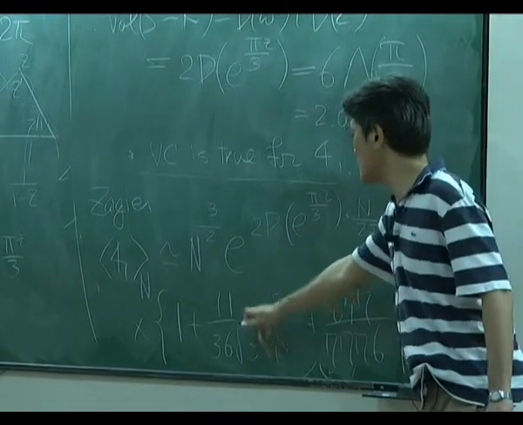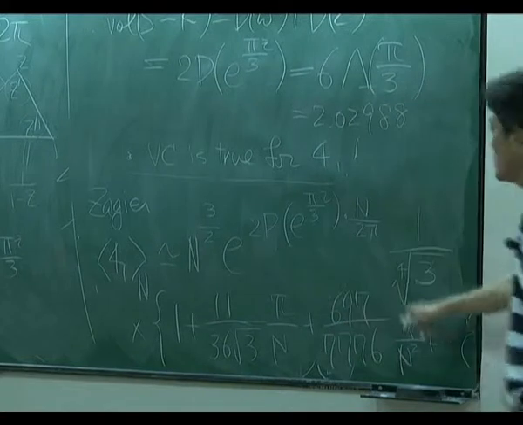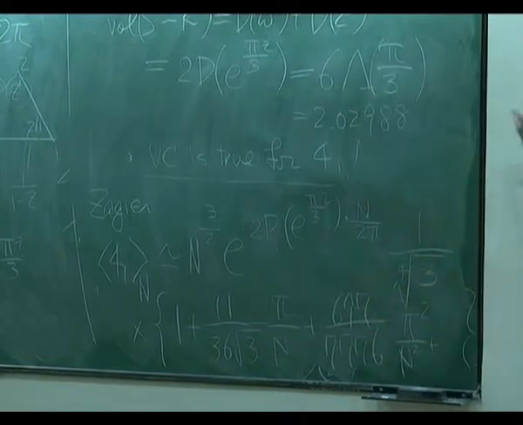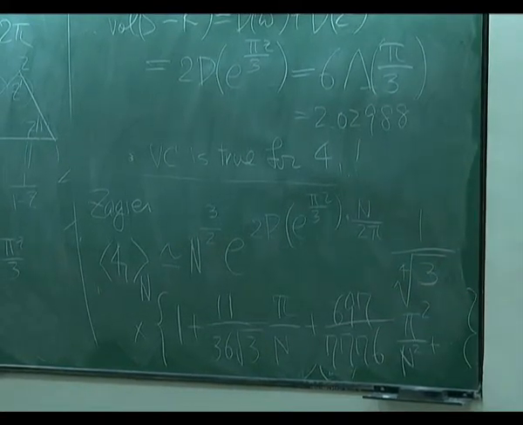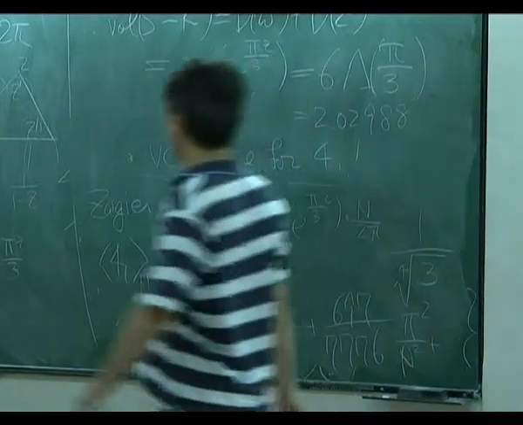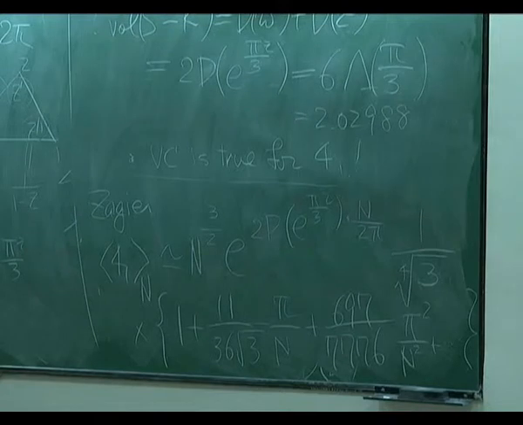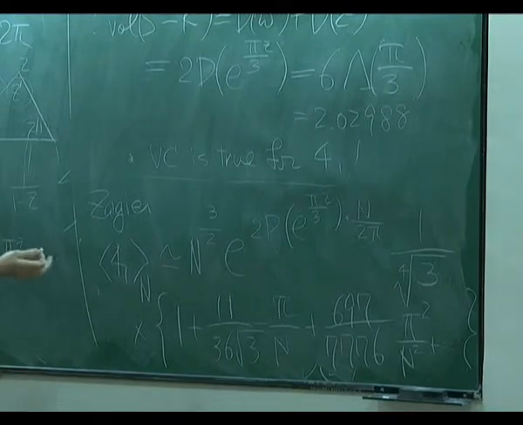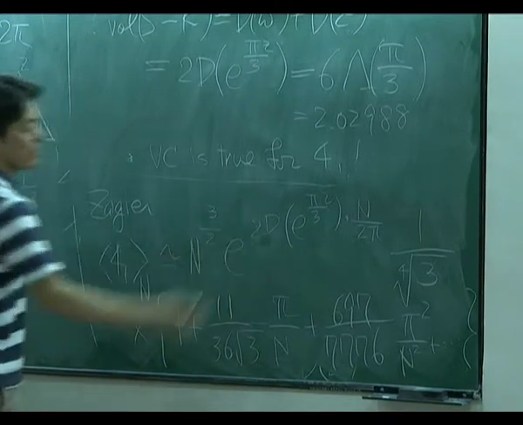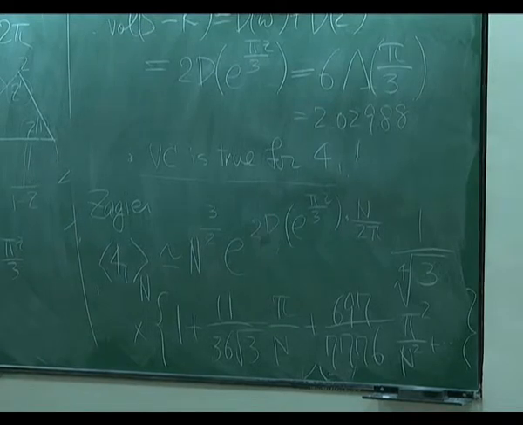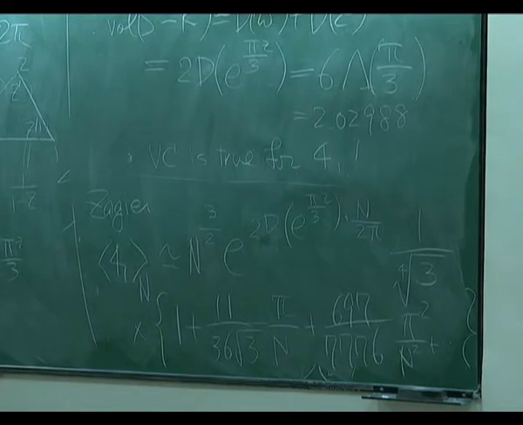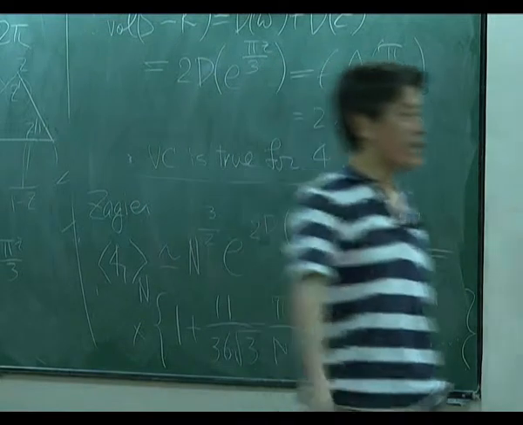He claimed that this coefficient is always rational up to the square root of 3. But I don't know how he derived this one, and these seem very interesting functions, but a little bit beyond the mock modular form.